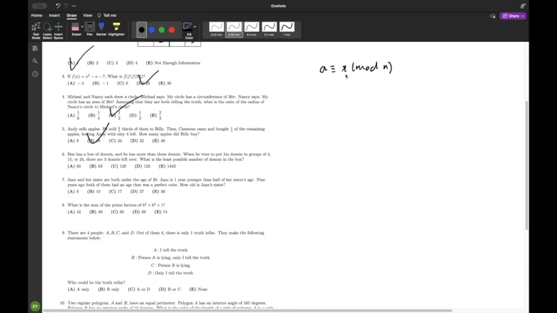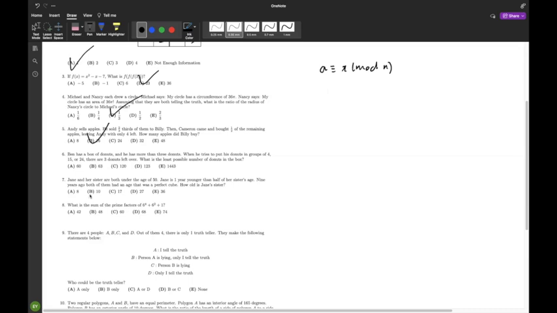We need to think about clock arithmetic and that's a little more advanced.